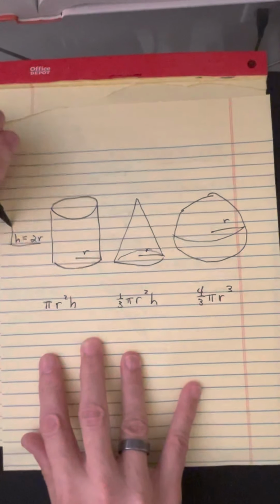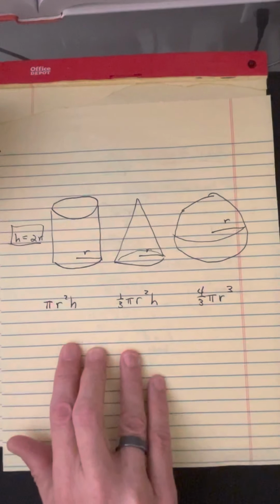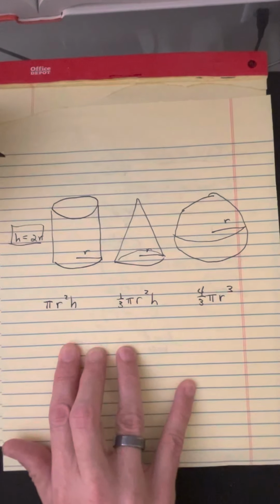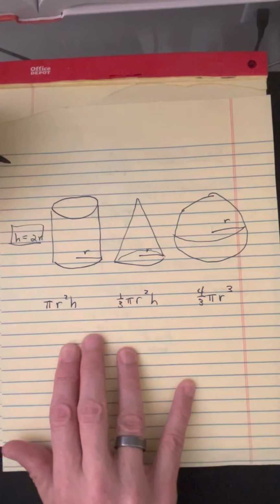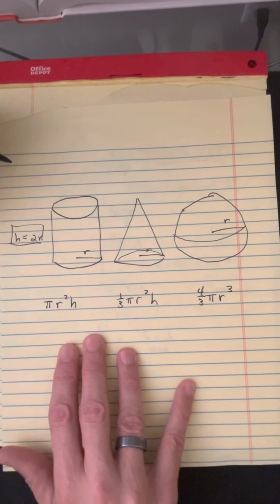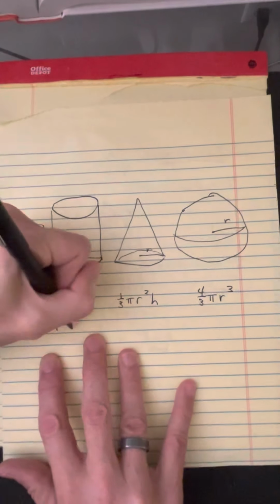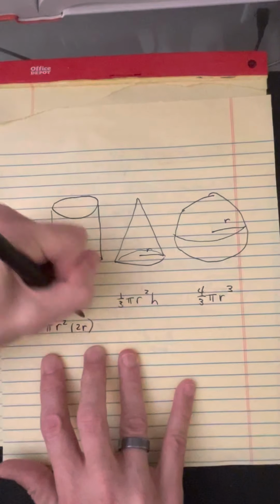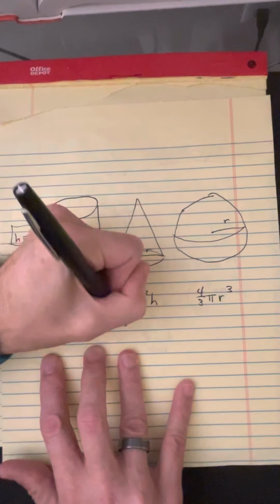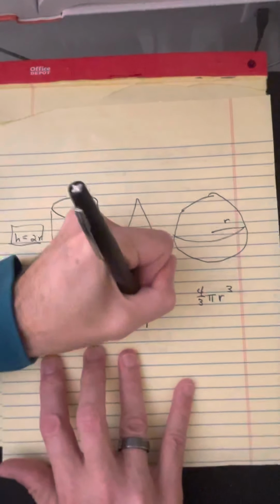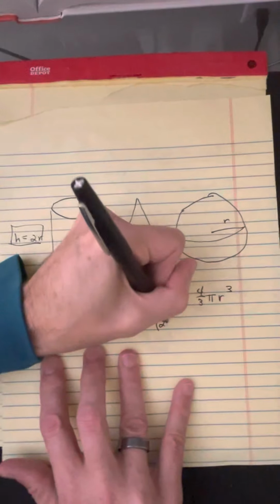However, voila, the height is twice the radius. So let's plug that in. I get pi r squared times 2r. Here I get 1/3 pi r squared times 2r.